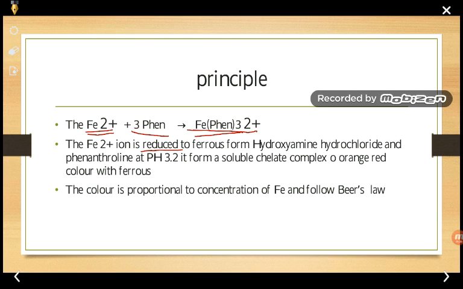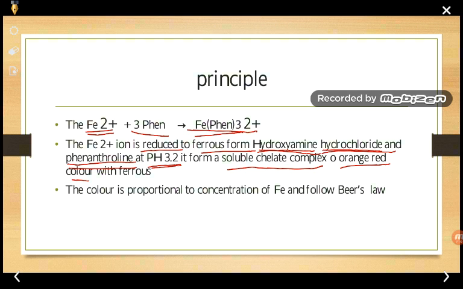Iron is reduced to the ferrous form by means of hydroxylamine hydrochloride solution, and with phenanthroline at pH 3.2. So this Fe2+ in the presence of the reducing agent, hydroxylamine hydrochloride solution, reacts with phenanthroline at pH 3.2, and it forms a soluble chelate compound, an orange red color with the ferrous.